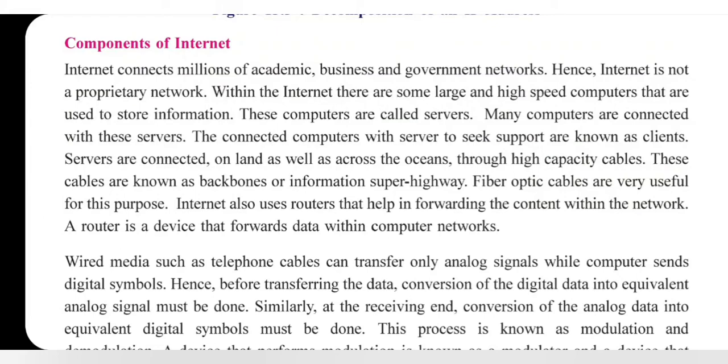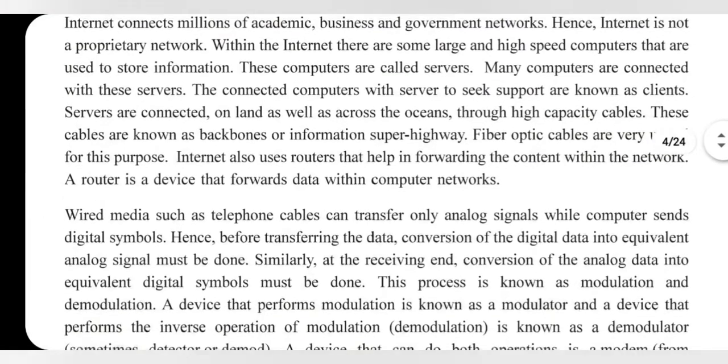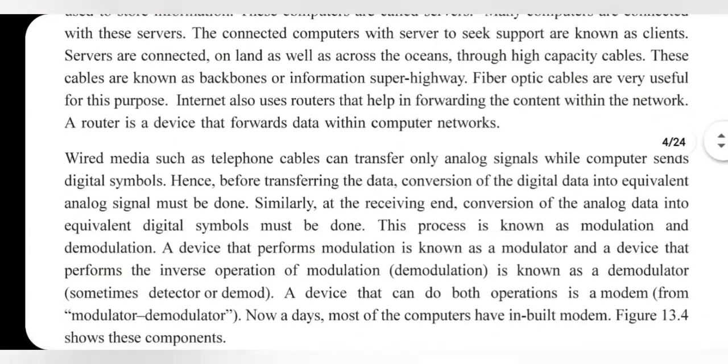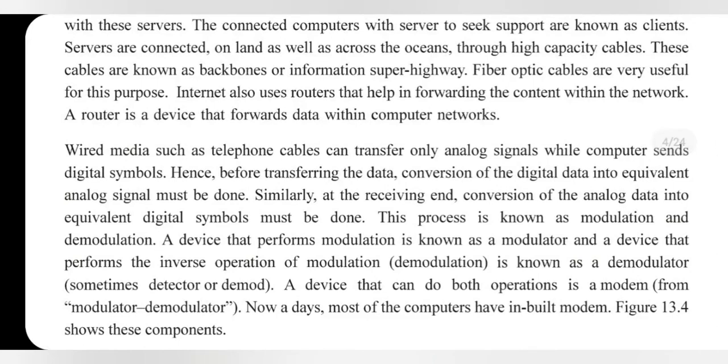Wired media such as telephone cables can transfer only analog signals, while computers send digital signals. Here we have discussed how we can access the internet facility, and before, we discussed that through the telephone cable we can use the internet as well.